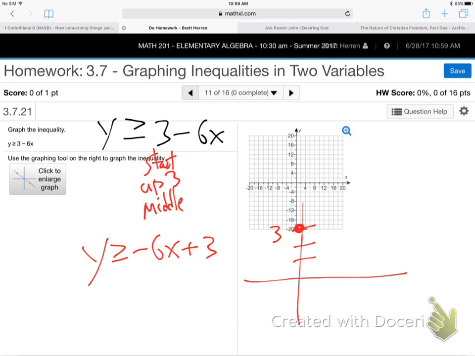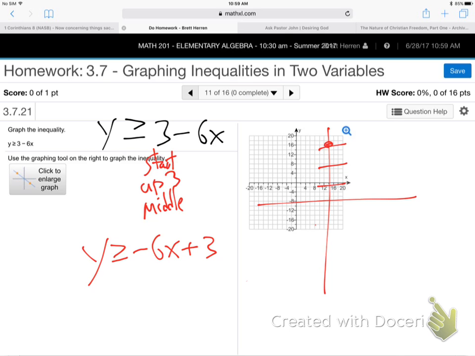And then find your second dot and connect the dots. So there's our starting dot, up 3 in the middle. And then how do we get to our second dot?